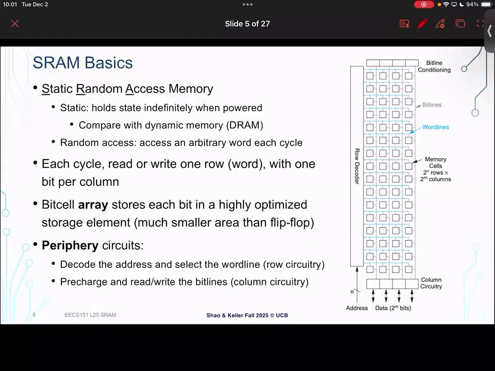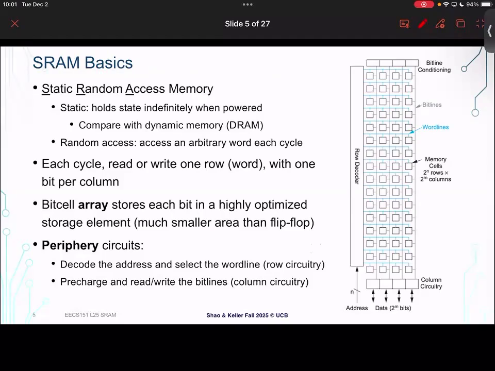We're going to see why, based on how the SRAM is designed to maximize the area efficiency. So that's random access. Static just means that the memory holds its state indefinitely as long as you power it. So it has internal positive feedback. That means that each bit, if it's a one, it keeps being a one. If it's a zero, it keeps being a zero. This might seem obvious, but there are types of memory, such as DRAM, dynamic random access memory, for which this is not the case.